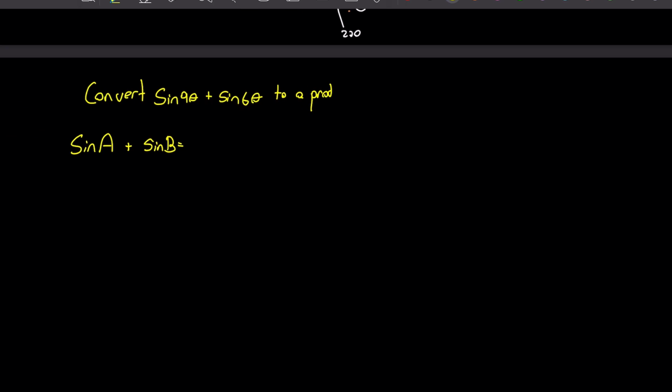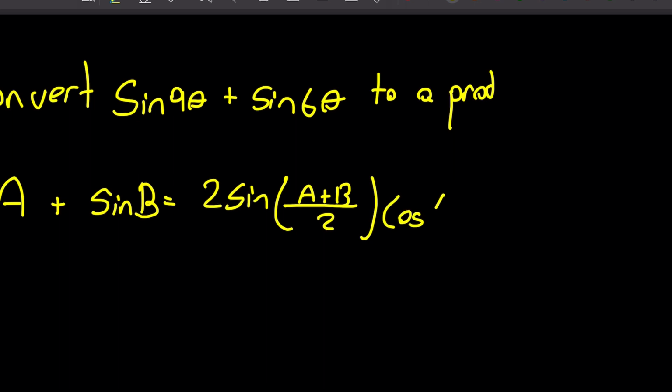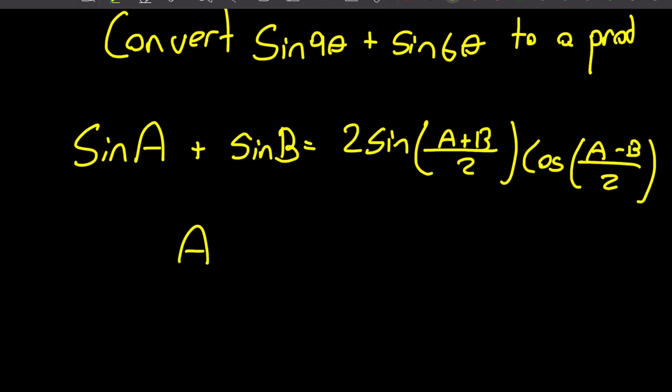So I'll just rewrite this here so that we can get it. It's going to be equal to 2 sine a plus b over 2 times cos of a minus b over 2. And in this case, we have a equal to 9 theta and b equals 6 theta.